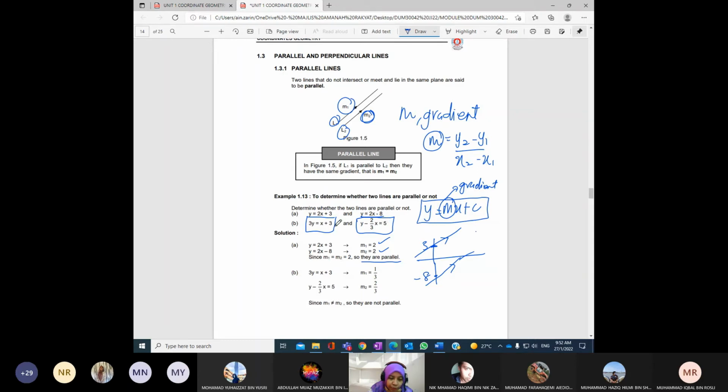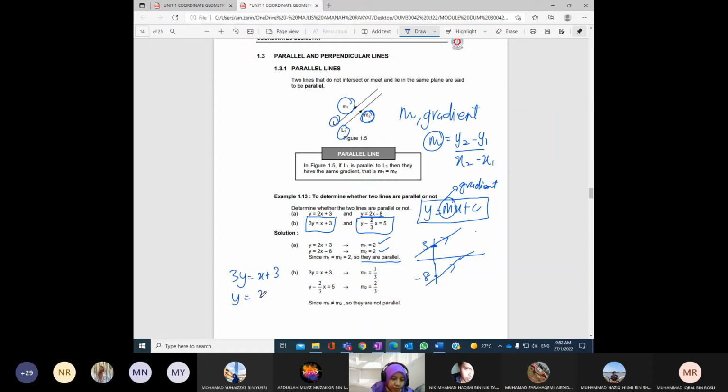So what you need to do is rearrange first, so that it is in the form y equals mx plus c. Rearranging like this, you will have 3y equals x plus 3. Therefore y equals what?